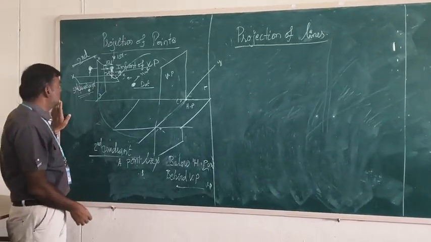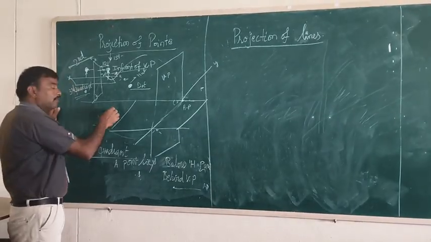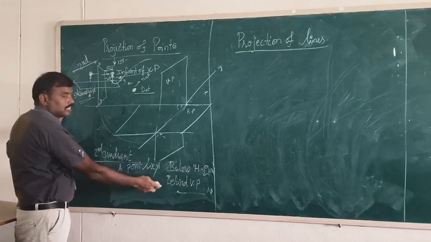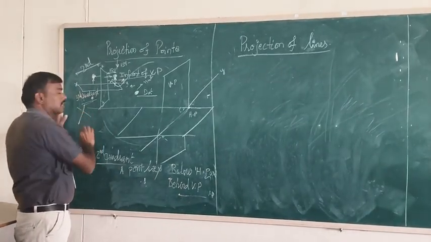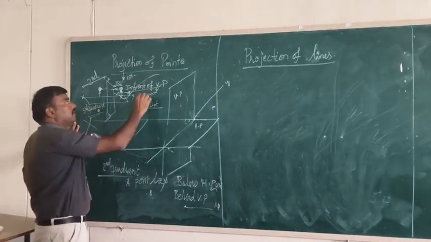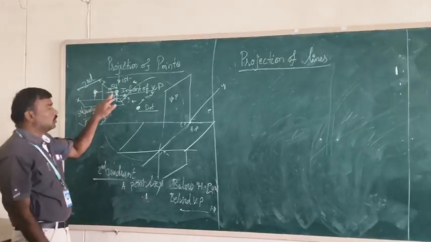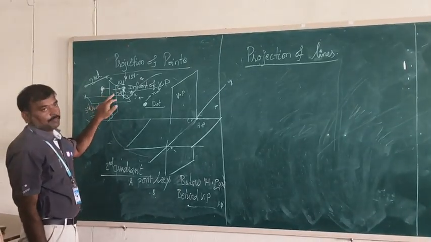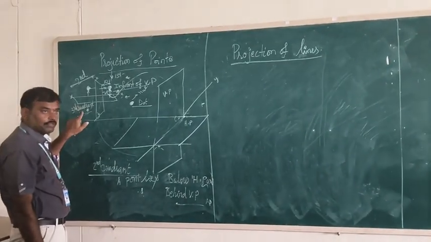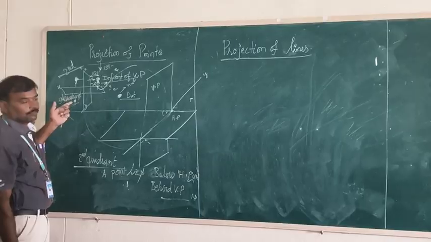This is not clearly visible, and it is completely blind. Here the observer completely sees the front view and top view, but here it is not possible to see the front view and top view.